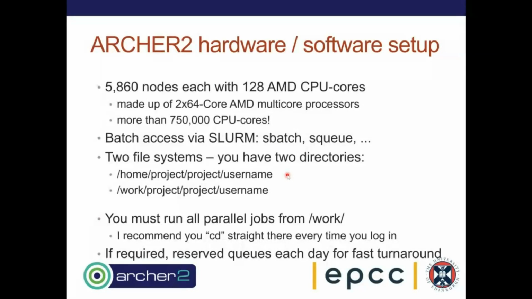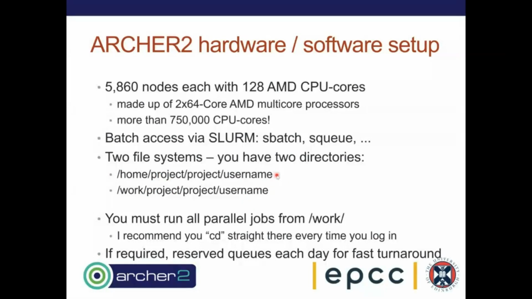Why do you care about this complexity? Well, the way the system's set up, the home file system is what you log into when you first get there, and you end up in a directory called something like /home/TA105/TA105/ and then your username, assuming you've joined with an account in the TA105 project.